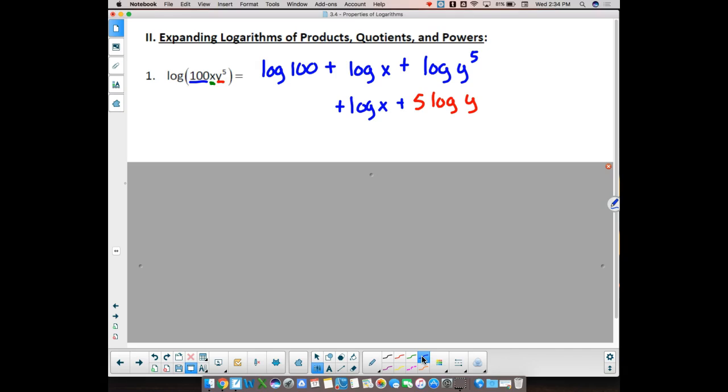Can I write that any differently? Exactly. What exponent do I have to put on 10 to get 100? And that's 2. Okay? So this one actually becomes just 2. So when it's all said and done, the expansion of this is 2 plus log of x plus 5 log of y.